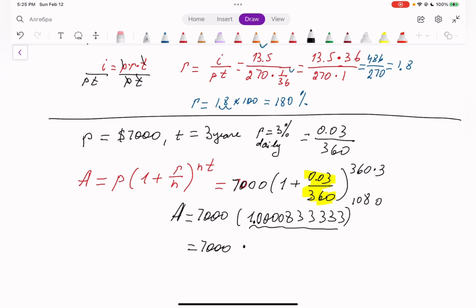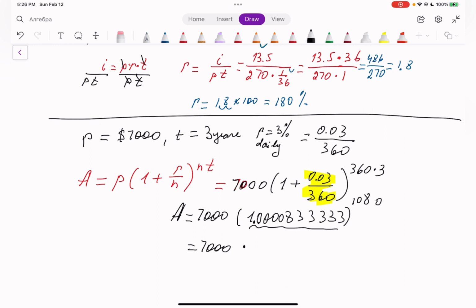Now I'm raising this to the power. Oh, I raised the wrong one. Pushed the wrong button. Hold on. Yeah, I raised the cube. It's not a big deal. I'll write it down one more time: 1.00008333 and so on.